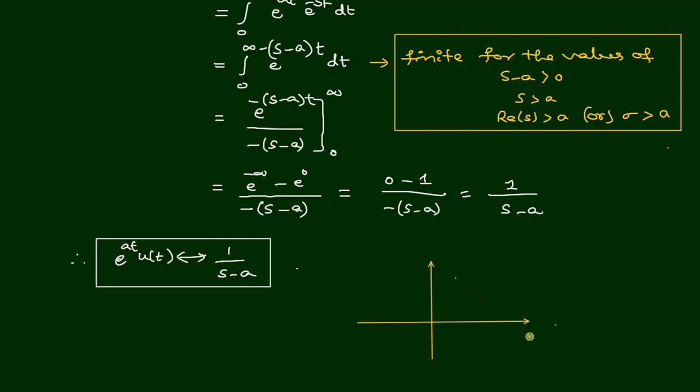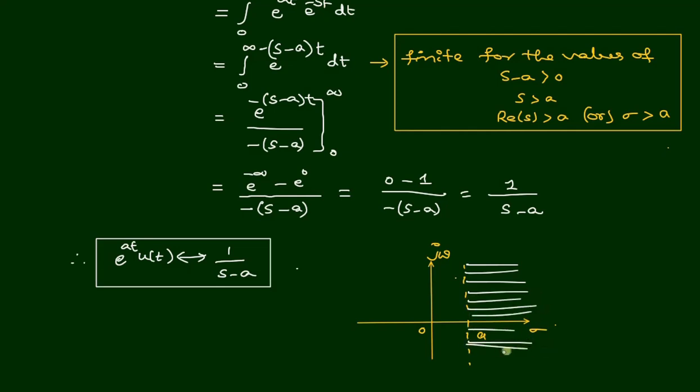Now we plot the ROC for the function e^(at) u(t). This is the real axis and this is the omega axis, and for s value greater than a, we mark a, the positive value, which lies on the positive axis, and this is the origin. We draw a vertical line at a, and all greater values than a will have the ROC, the region of convergence, for this function.